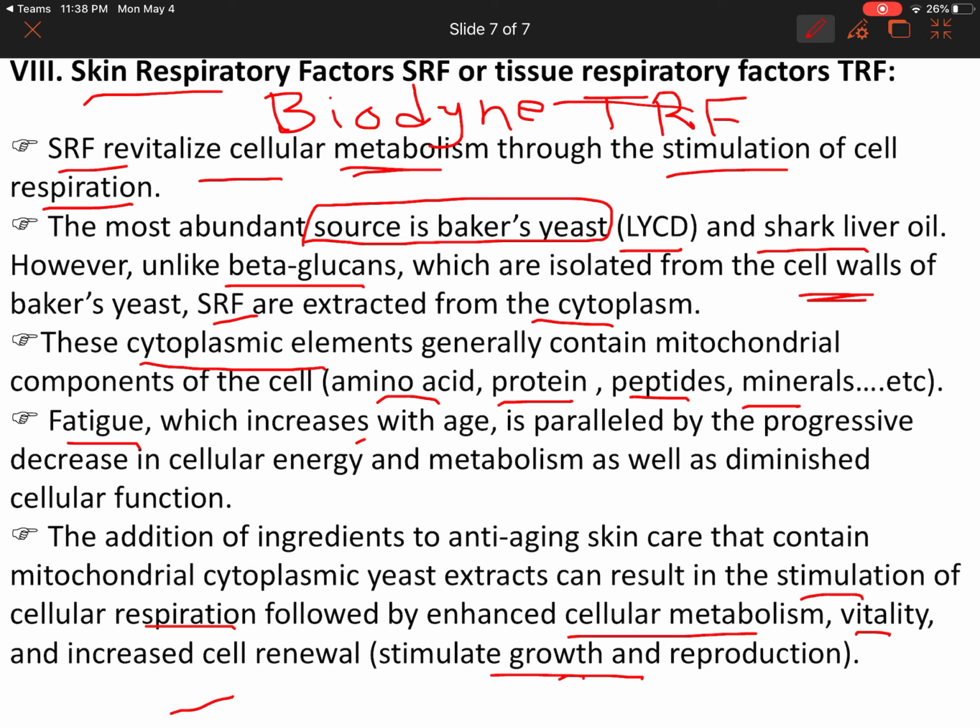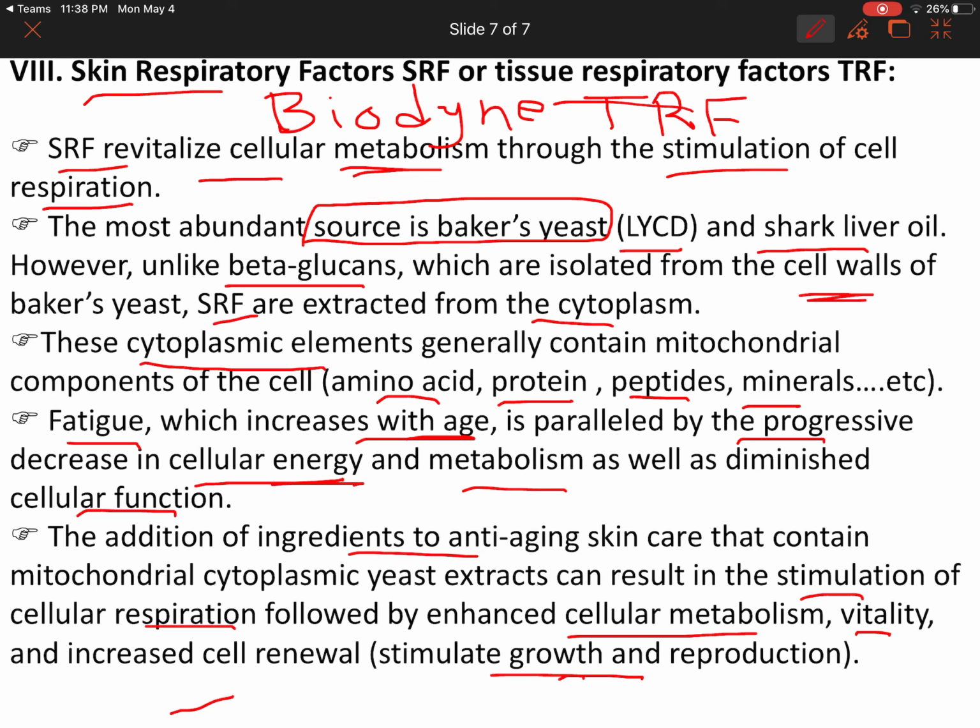That is why fatigue, which increases with age, parallels the progressive decrease in cellular energy and metabolism. So if we improve cell respiration, cell metabolism and cell energy, this will stimulate the growth and reproduction of cells and accelerate cell reproduction.